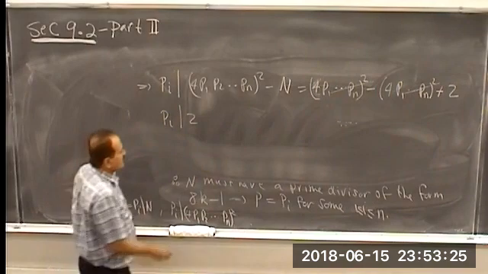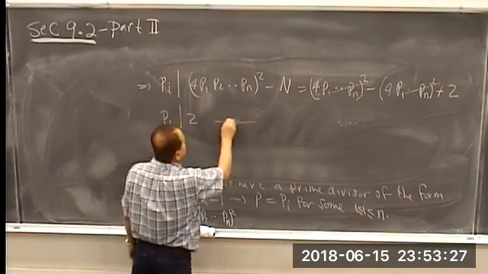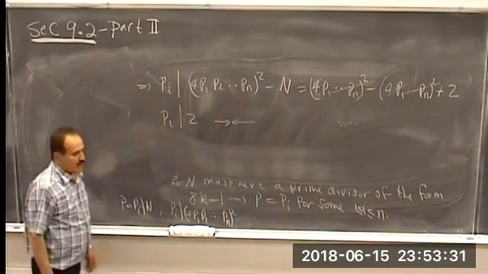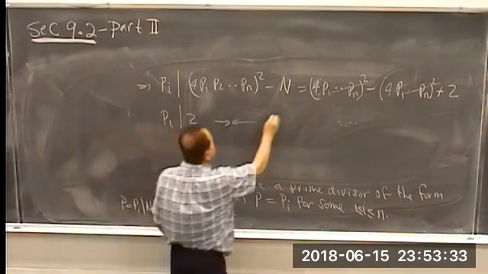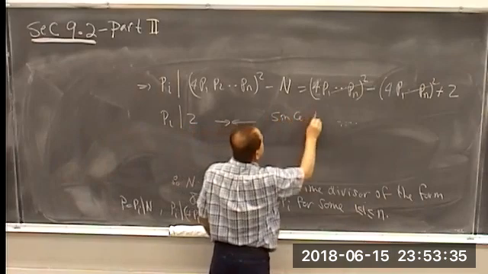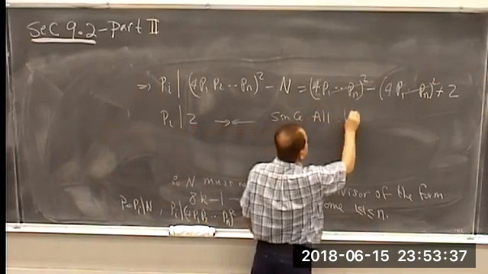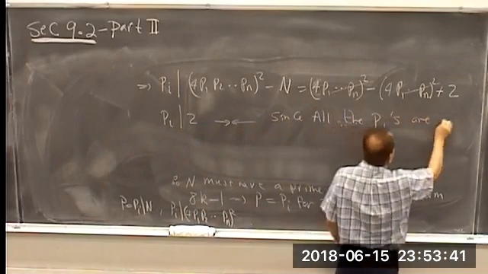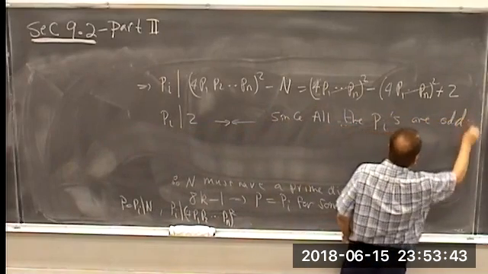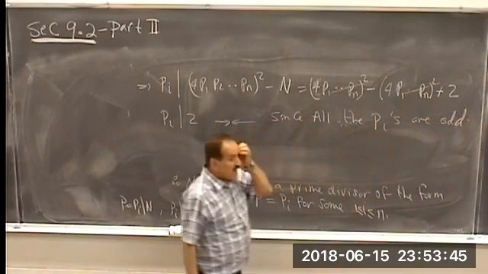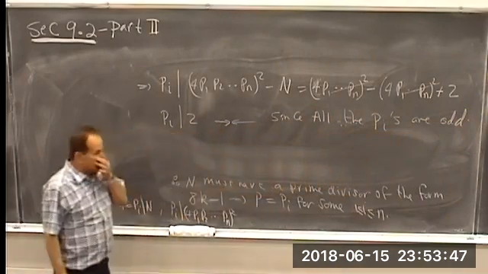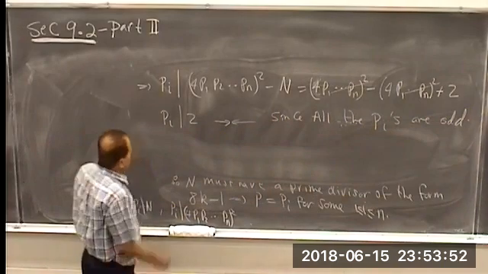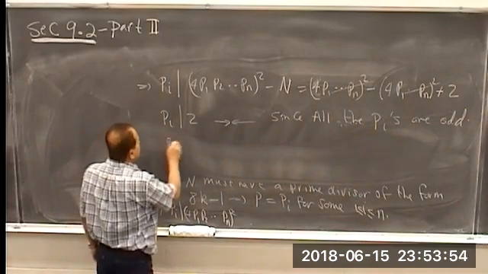And this is a contradiction, because all the P sub i's are odd, since they are of the form 8k minus 1. So this is a contradiction, therefore there are infinitely many primes.